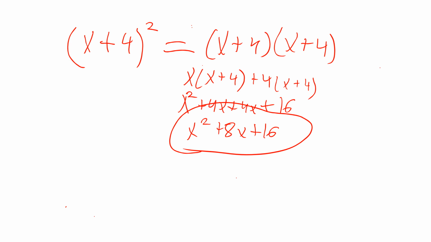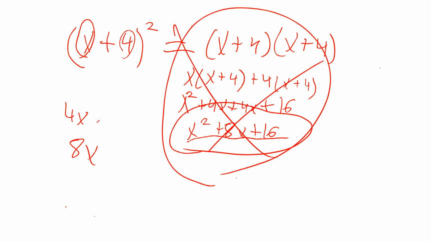Now, a clue here: the first term in our expression is x squared, this term squared. The last term is 4 squared, this term squared. And the middle term, 8x, is the product of the terms in the binomial, 4x, times 2. So that's just 8x.